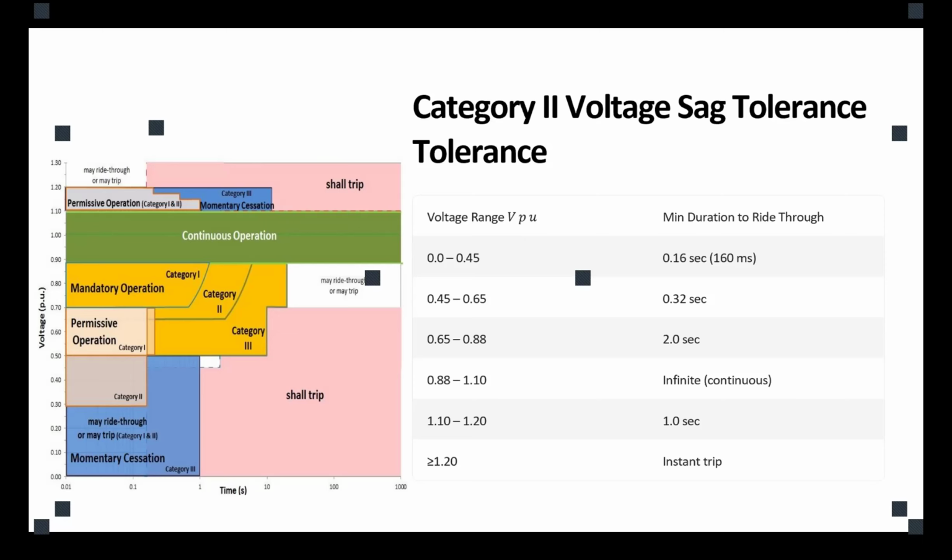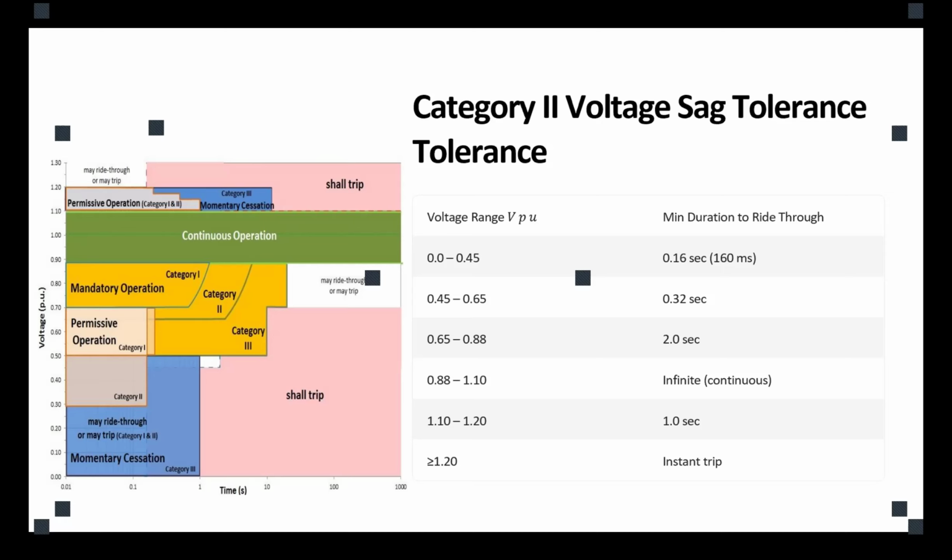Now, there is another margin, 45% to 65% of the nominal voltage. You have to remain connected to the system and contribute for 0.32 seconds. Pay attention to the units. The top one was milliseconds. This one is seconds. Okay, so this is not hard to relate.